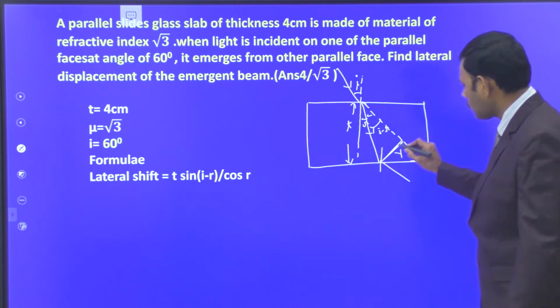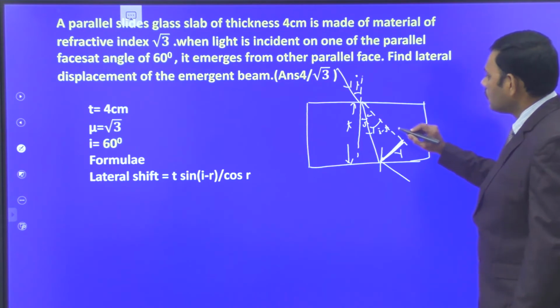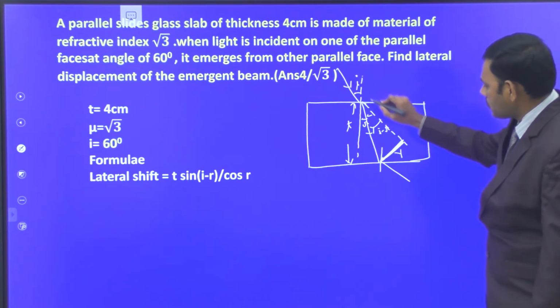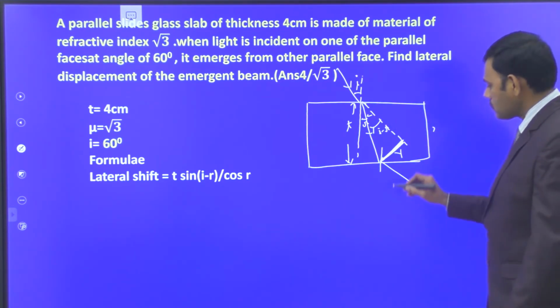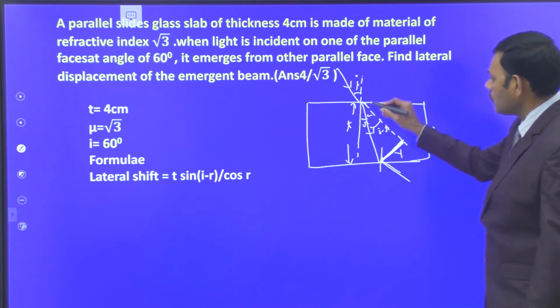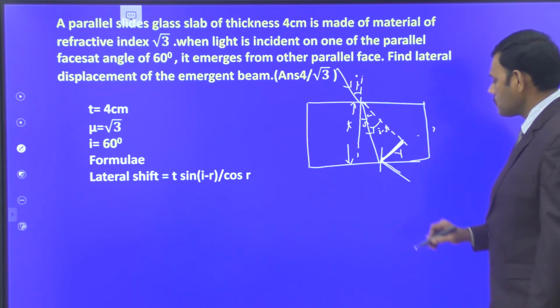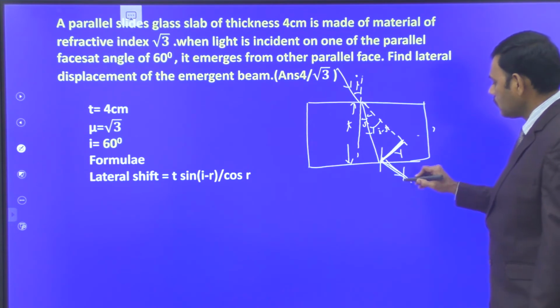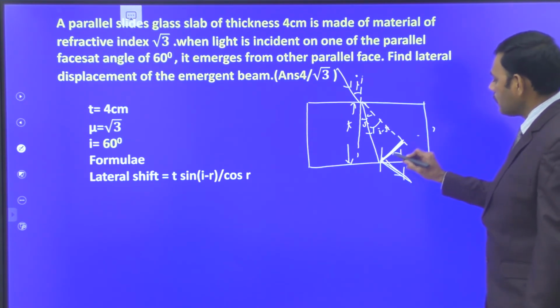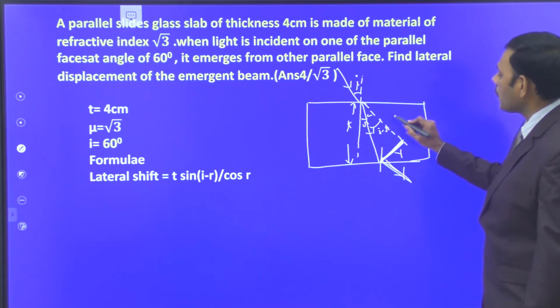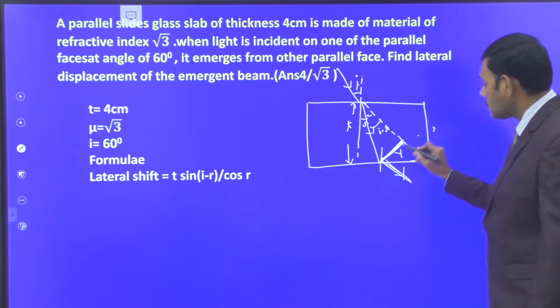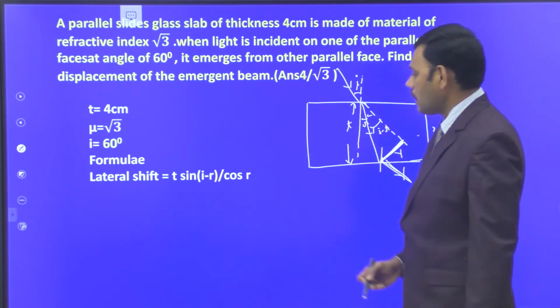Just I showed what is meant by lateral shift. In the absence of medium, light would travel along this direction. In the presence of medium, light after having refraction at two boundary surfaces, it may emerge just like this. Then the perpendicular distance between the emergent light ray and actual incident direction of light ray is lateral shift. We have to find that lateral shift.